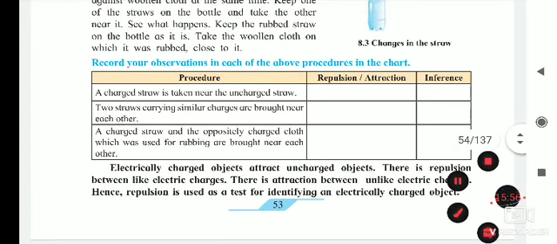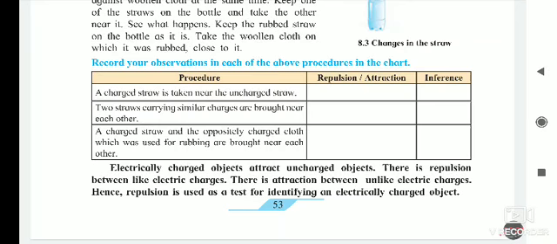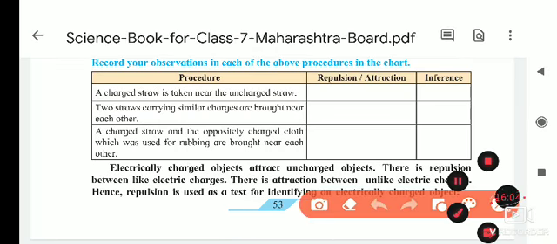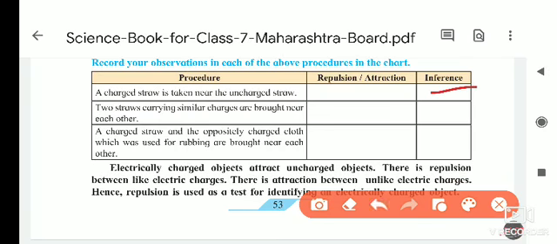First, the uncharged object and the charged object: there is attraction, meaning the uncharged object gets attracted towards the charged object. The inference you have to write here is the statement whatever I said. Second, two straws carrying similar charges: there is repulsion. What inference do we write?